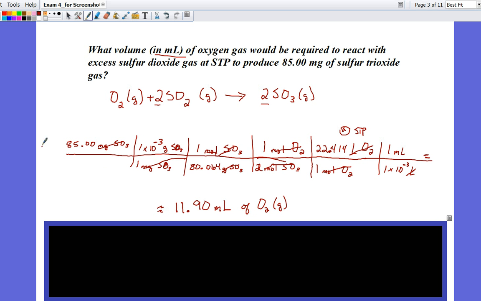It looks like I was going with 4 sig figs because of that measurement, and all the other things that I used. The molar mass had more than 4 when I did this with my periodic table, and the molar volume has 5. So 4 sig figs, 11.90 milliliters of O2 gas.